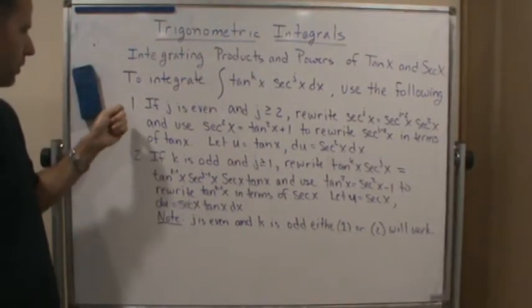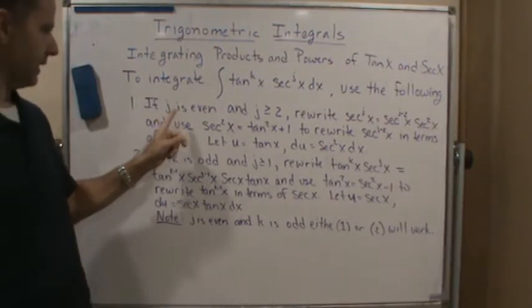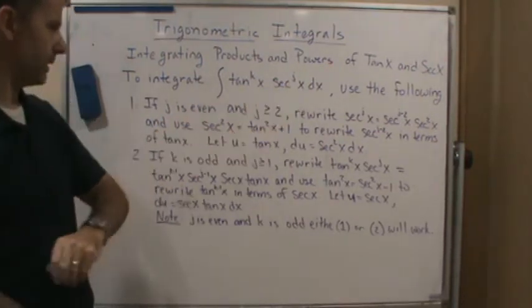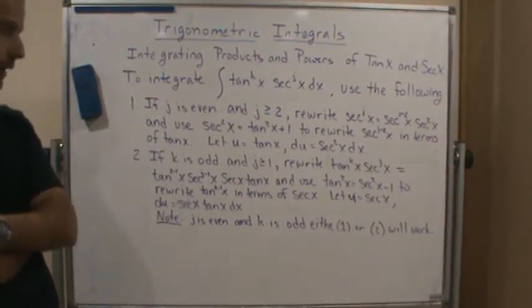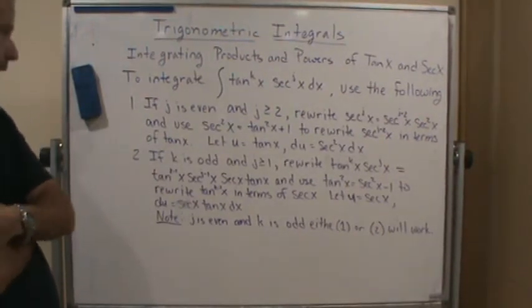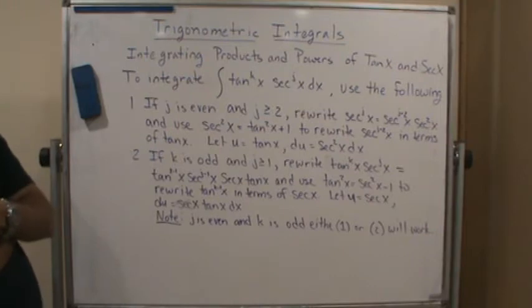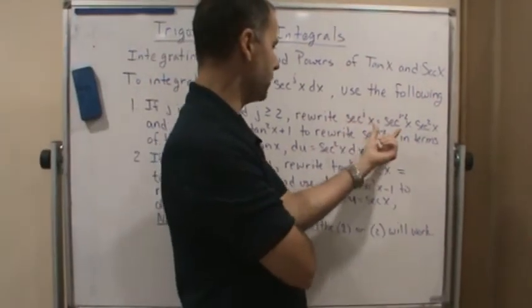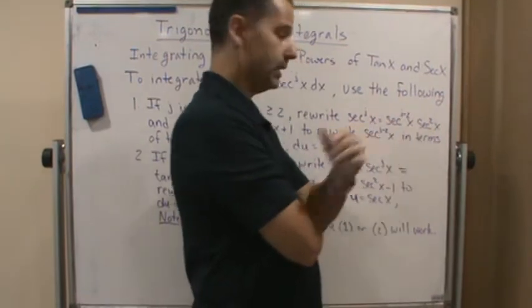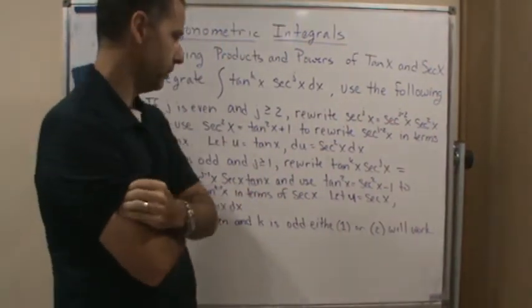So the first strategy is if j is even. So if the power on the secant function is even and is greater than or equal to 2, so at least 2, then what we do is we want to rewrite secant x by shaving off 2 secant squared x's. Okay?